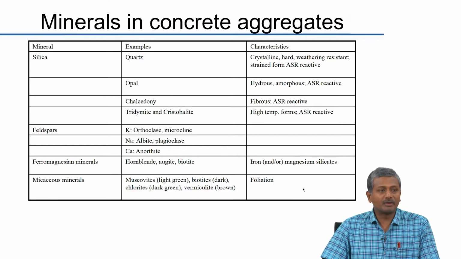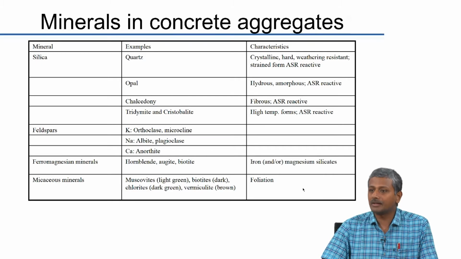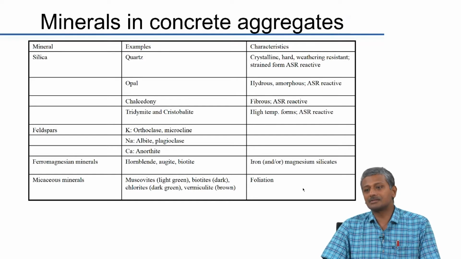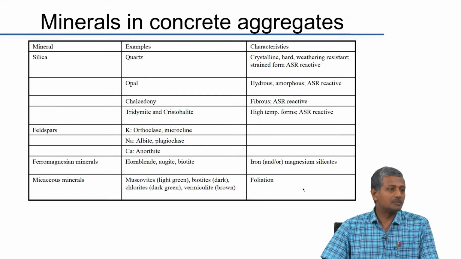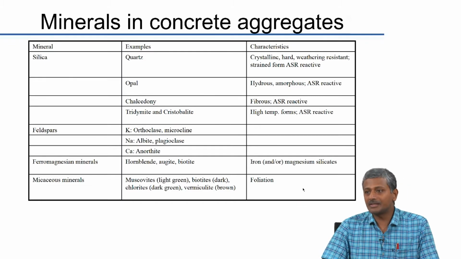Okay. You all know very well that quartz is a highly ordered form or highly properly arranged form of SiO2. It is crystalline, it is hard, it is weathering resistant, and in some cases if the quartz has gone through very high temperature and pressure, it may result in having a strained form. That means the bonds may get strained, that may lead to the material getting some reactivity.